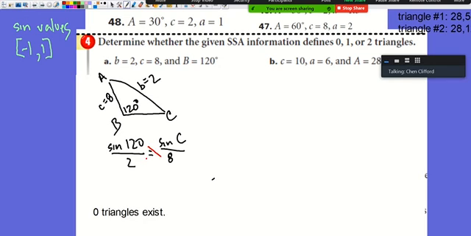After you cross multiply and divide by 2, I'm going to go sine of 120 on my calculator times 8, divide that by 2, and I get 3.46. Okay, and we're going to inverse sine this.